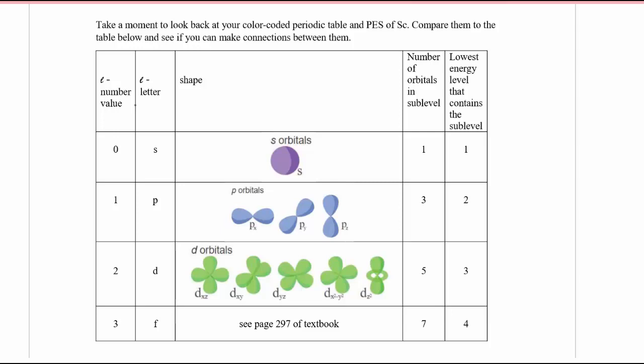So the S orbitals, those are the peaks that only had 2 electrons. Those are the S type orbitals. The peaks that maxed out at 6, those are what we call our p-type orbitals. Now think about it. We had 2 electrons per orbital.